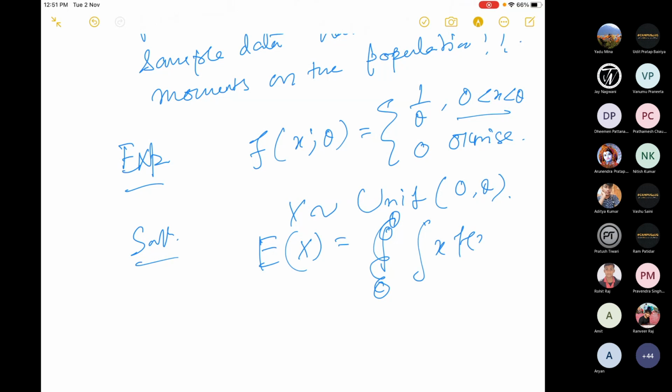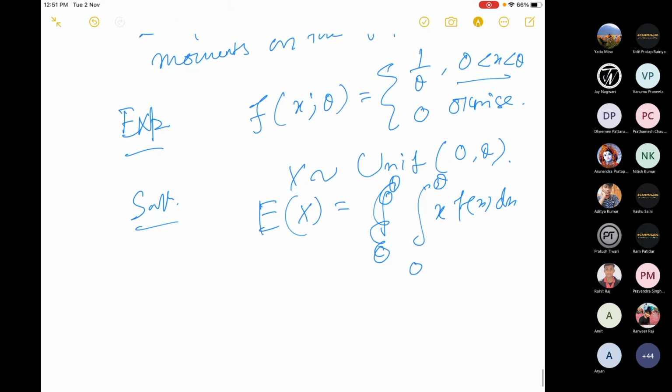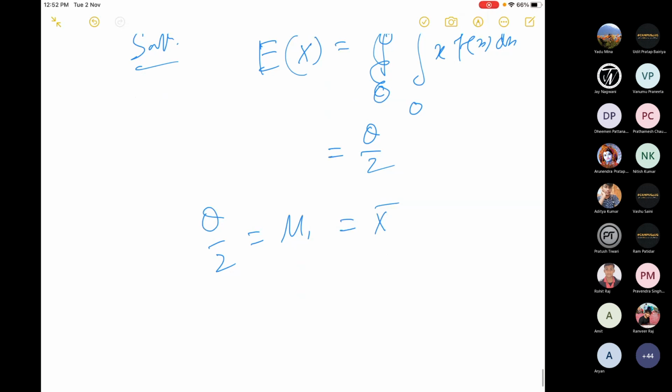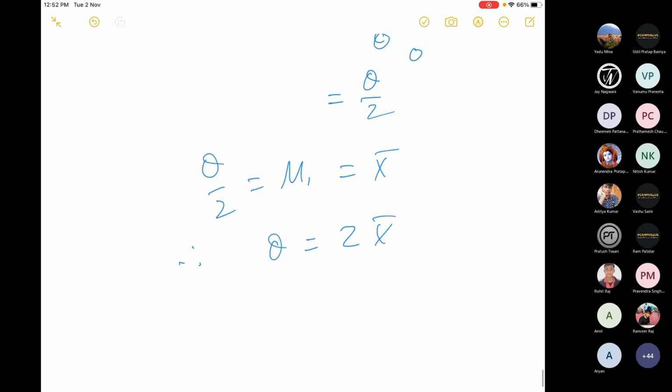Integral of x f(x) dx, right? But this is from 0 to theta. So how do you get it? Theta by 2. Yeah, we did it before. Theta by 2. Now theta by 2 has to be equal to m1, which is x bar. Then theta is equal to 2 times x bar. Therefore, theta hat is equal to 2 times x bar. This is the estimator. 2 times x bar is the estimator for theta.